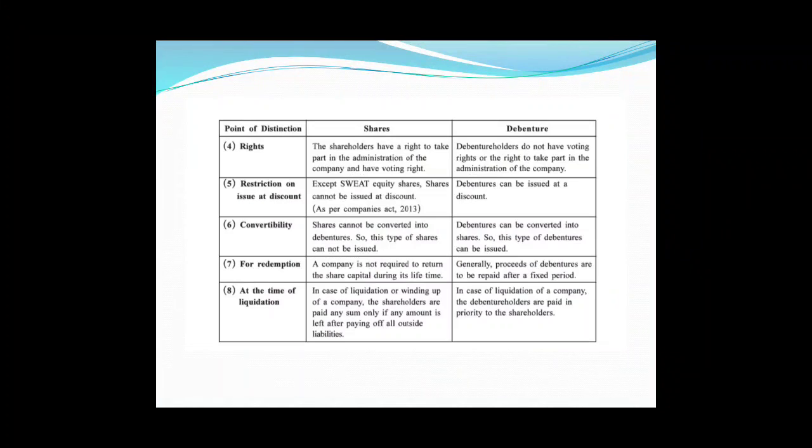But in case of liquidation of a company, debenture holders are paid in priority to shareholders. Means before paying anything to shareholders, all the debenture holders are paid off. Okay, the reason is only that debenture is an outside liability and shareholders are the owners.